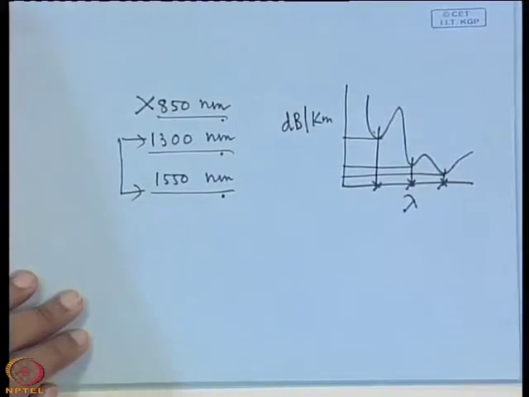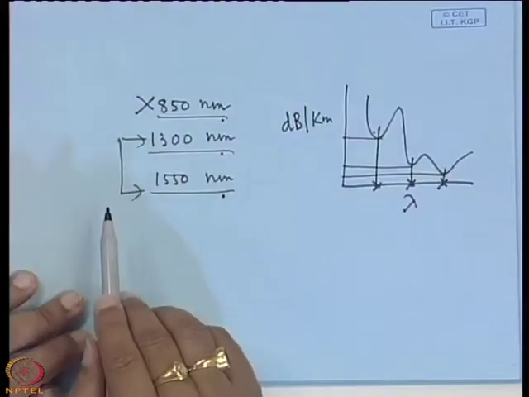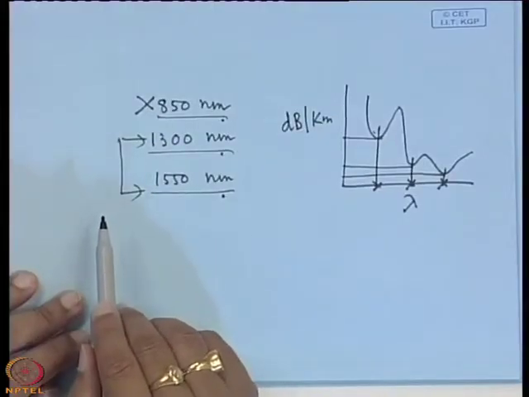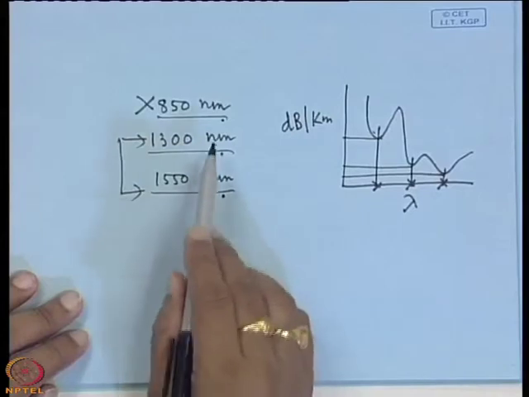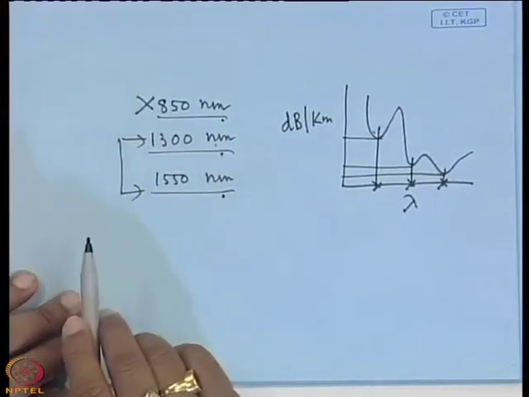Now, we have discussed many semiconductors, various kinds of semiconductors, and you know their band gaps. Some have narrow, some have wide: silicon, germanium, indium phosphide, 3-5 semiconductors, 2-6 semiconductors. And you find that no semiconductor will be able to give you this kind of emission, because it depends on 1.24 by lambda.